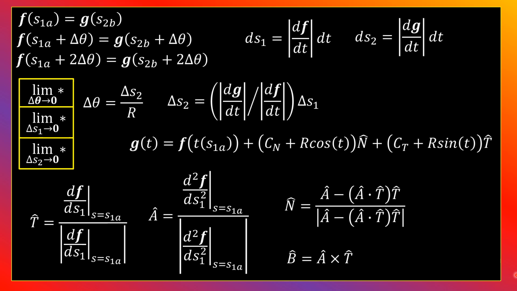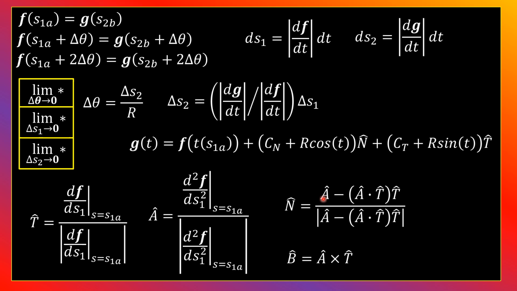So we know that t hat and a hat lie in our osculating plane because they were constructed from points that lie on the osculating plane. These points. We also have n hat, which is a unit vector on the osculating plane that is orthogonal to t hat.